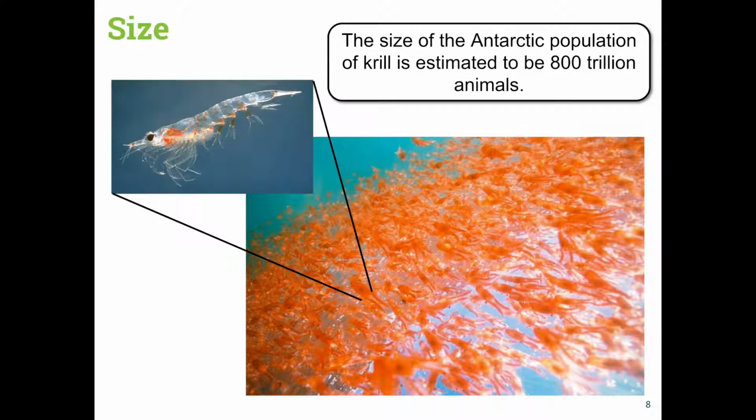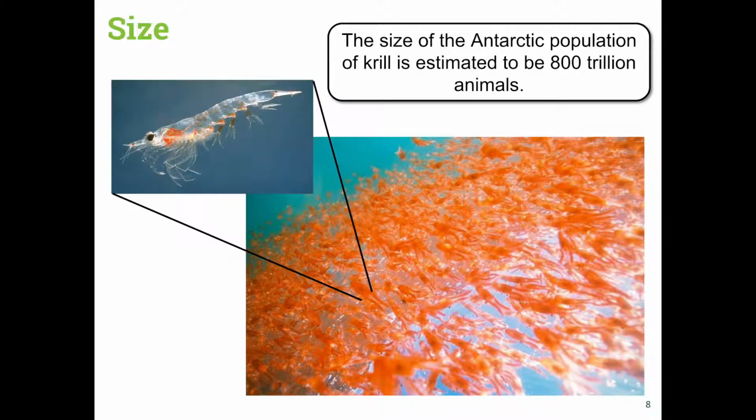Size would simply be the number of individuals of all ages alive at a particular time in a particular place. So let's use the example of krill. The population of krill in the cold waters around Antarctica is estimated to be 800 trillion individuals, making them by mass the most abundant animals on Earth.